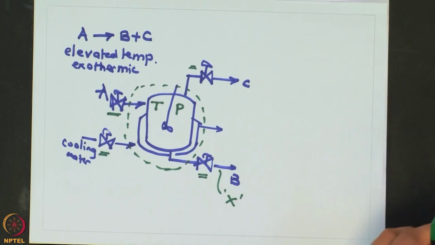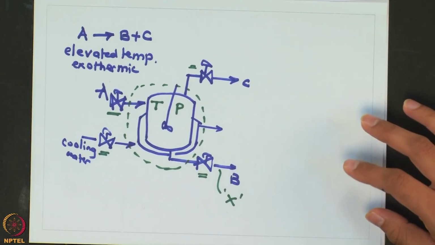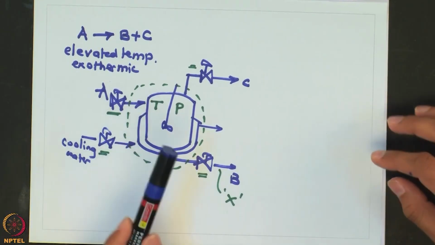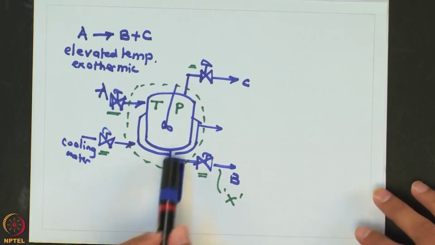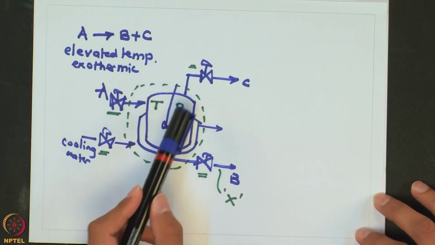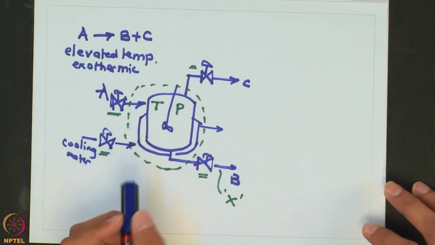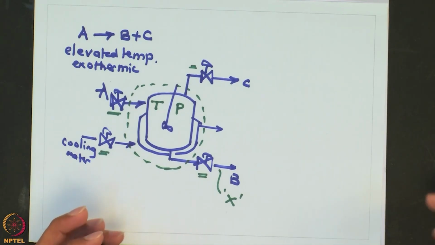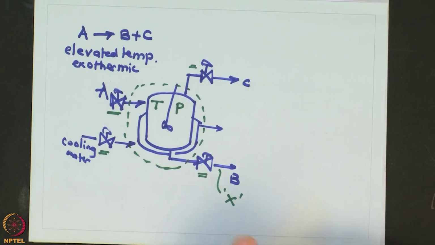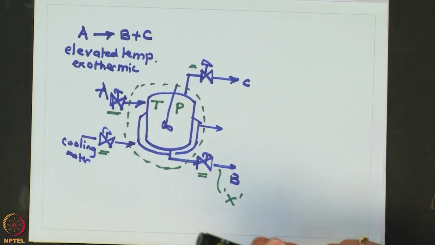Now, the first and foremost is a safety control logic. So, in this typical example, what you would want as a safety precaution is that the pressure inside the reactor should not blow up if there is unnecessary production of C. So, in that case, what you want to ensure is if the pressure inside the vessel goes to a very high value, there should be some safe route, and that is typically achieved by having something known as a pressure relief valve.